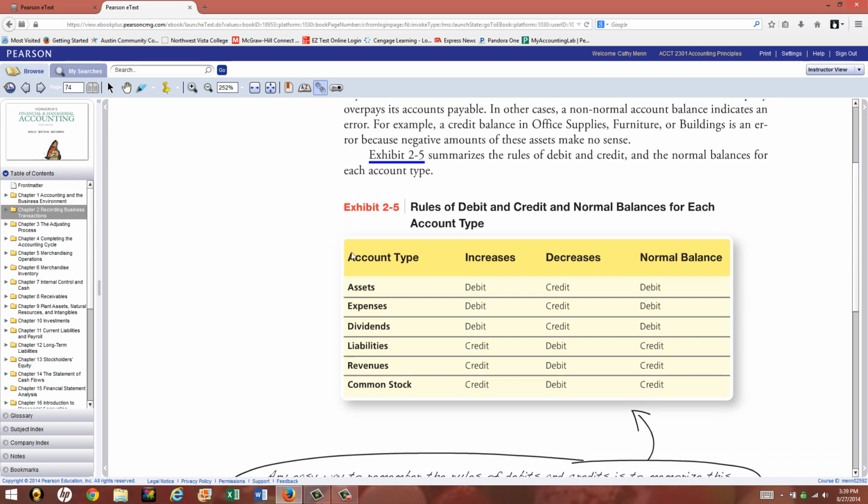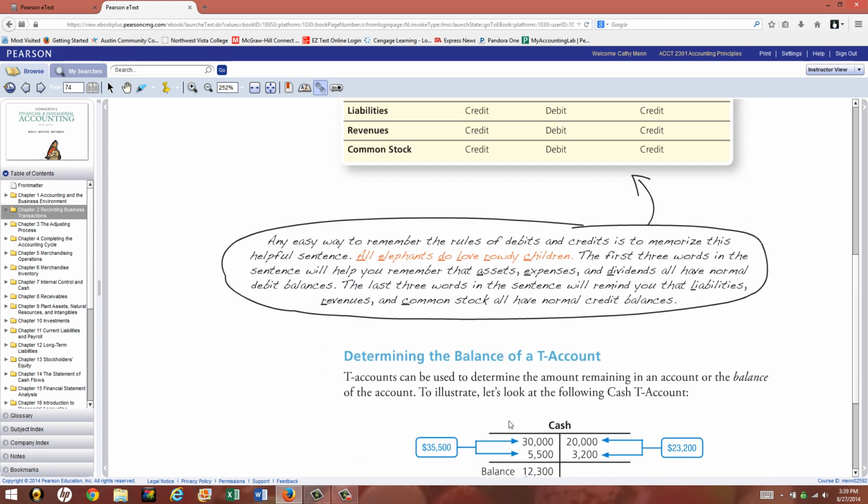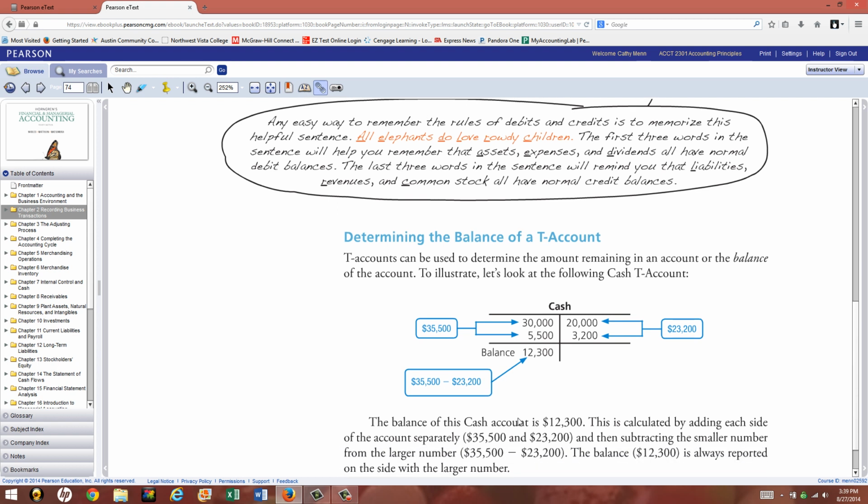Let's look at another page; we've got right here also a T account, and again they're using cash as the example, but notice that they're helping us determine the balance of the T account. You take the total of your debits, which is the left side, which equaled $35,500, and in your mind you total up the credit side, which was $23,200.